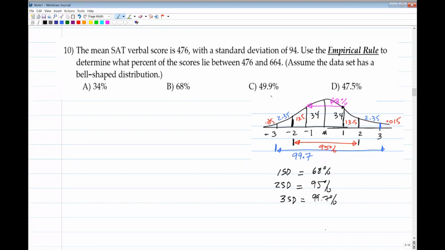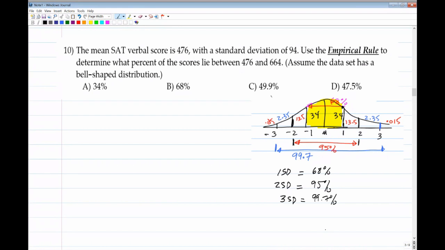On the graph, 1 standard deviation is this area right here, 34% on each side, total of 68%. When you go to 95%, that adds 13.5% on each side. This is available on the back of the formula sheet, the one you're going to use for the midterm, so you can see the percentage for each one.